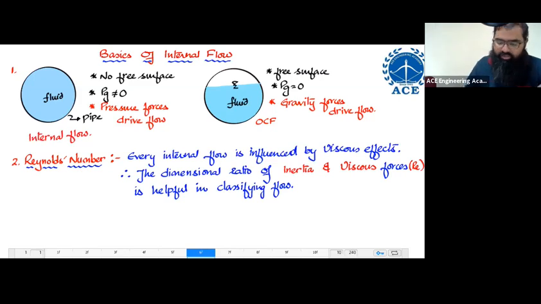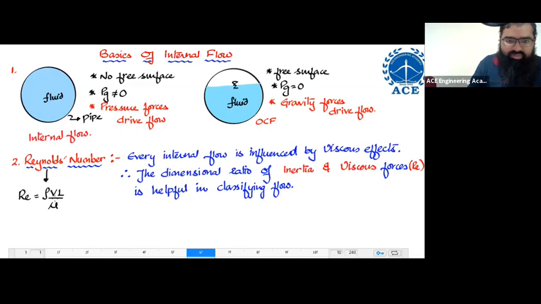Now what is the formula of Reynolds number? Let me mention over here the formula of Reynolds number. Reynolds number is represented by Re. The dimensional ratio of inertia and viscous forces is given by rho into V into L divided by mu. This is the formula we are having.